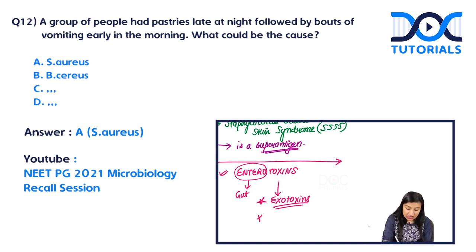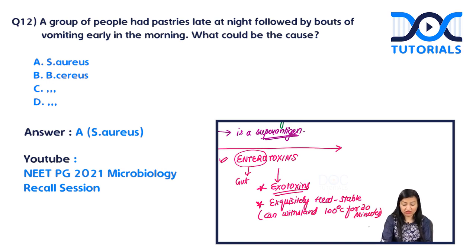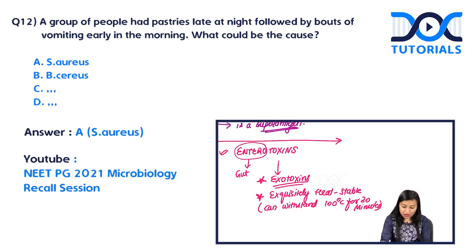But the unique feature of enterotoxins is that even though they are exotoxins, they are exquisitely heat stable. They can withstand a temperature of 100 degrees Celsius for 30 minutes. This is a repeatedly asked question.